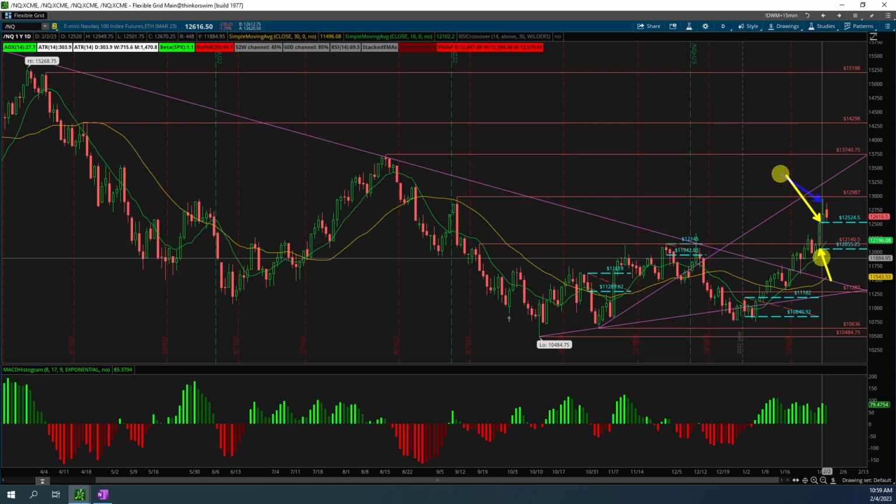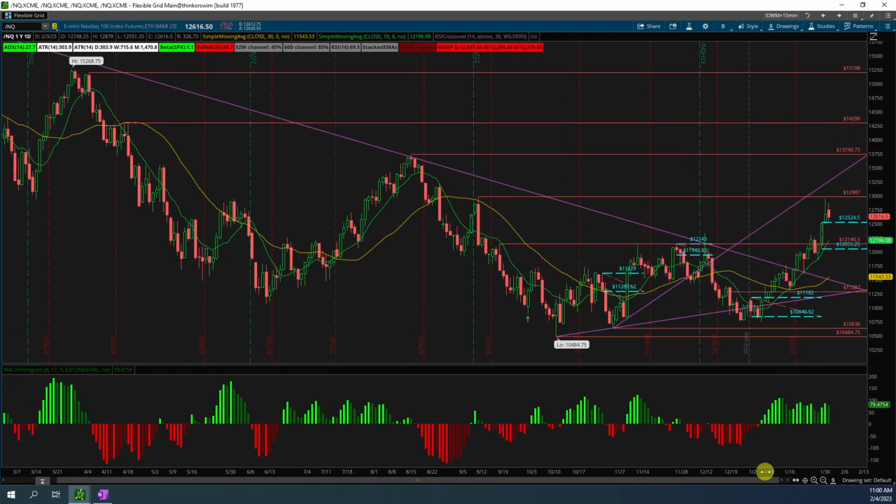There is the topping tail right here, which is probably not a good sign, but this next candle didn't break to the downside on Friday, so it was trying to move, and then forming this red candle here, not very bullish for sure. But we'll see if it keeps moving up or not.